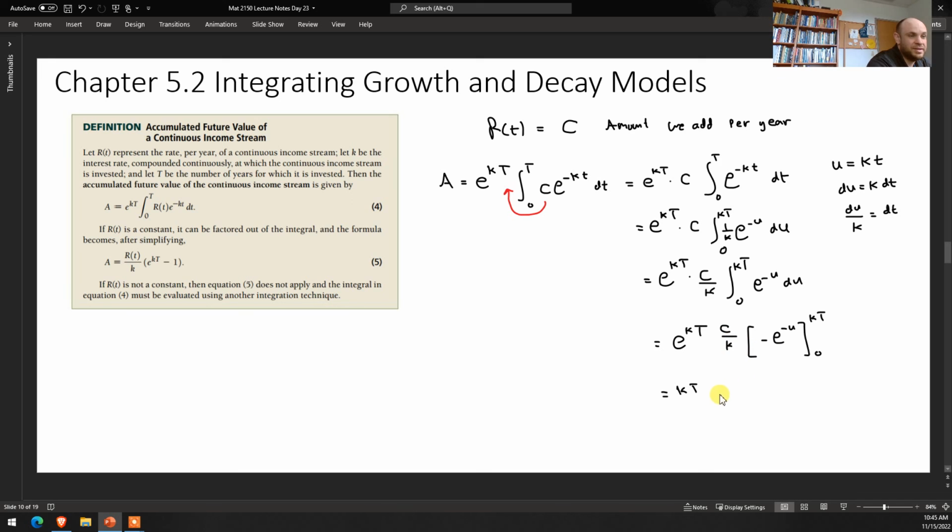Let's bring this minus out front. It's minus c over k. Now we can do the evaluation. We plug in the top bound, e to the minus k times t, and then minus one. Oh, where'd my e go? There should be an e to the kt there.